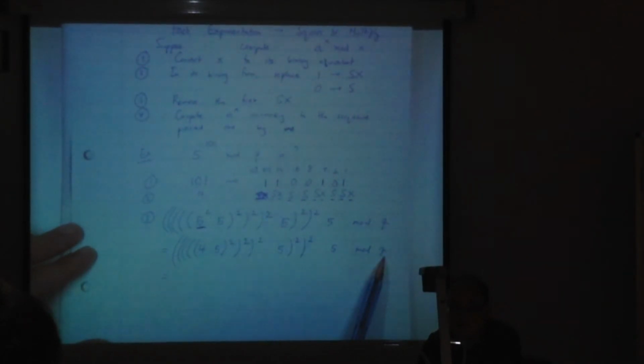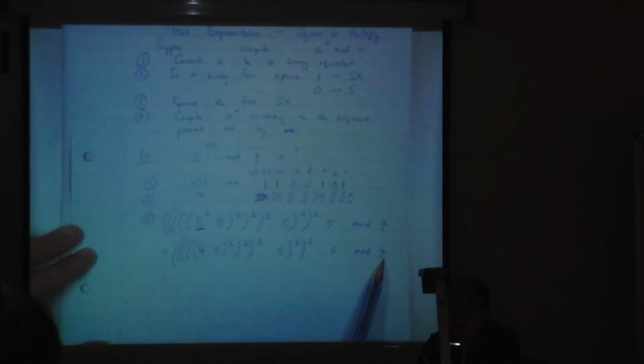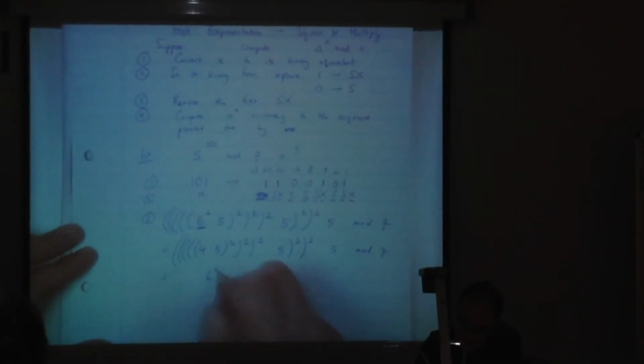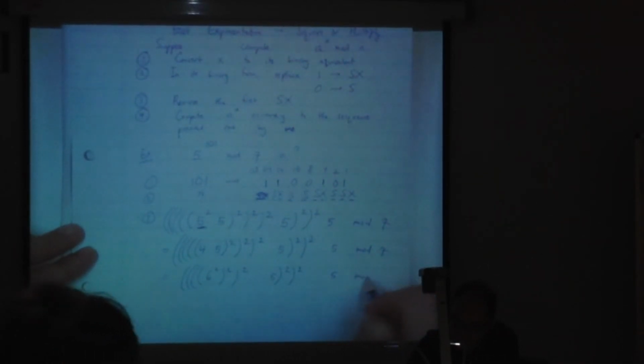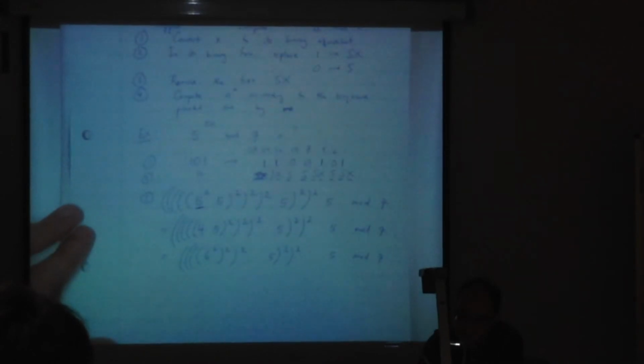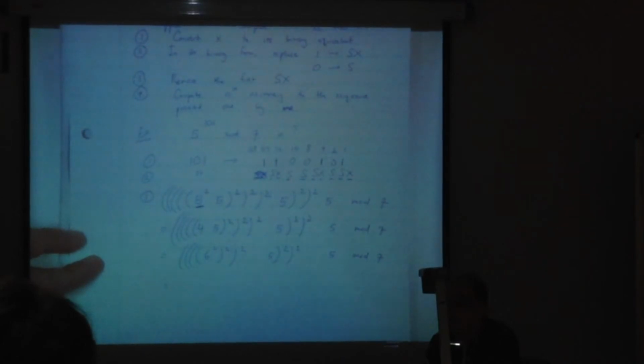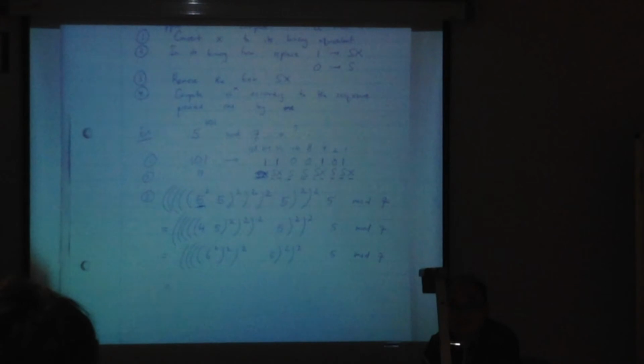Now you can see that the one inside here, 4 times 5, is 20. 20 modulo 7 is 6, because 20 minus 14 is 6, right? Now I put this back: square, square, square, times 5. Now I do 6 square. 6 square is 36. 36 modulo 7 is 1.